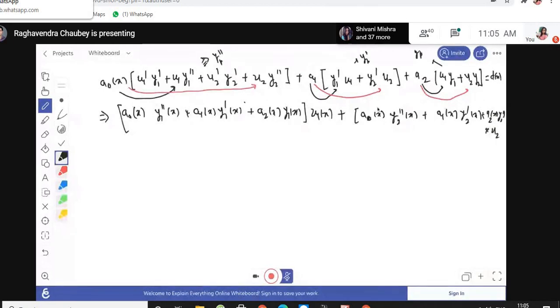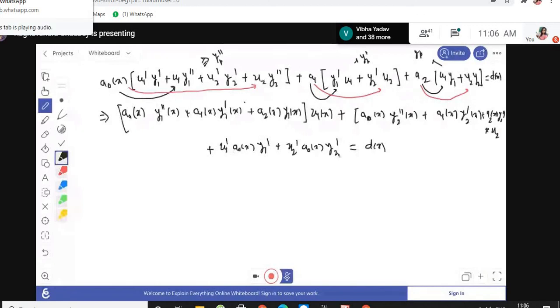Okay, and the remaining terms are u1' a0(x) y1' and u2' a0(x) y2'. So this equals d(x) on the right hand side. If we rearrange these terms, the bracketed parts equal 0.